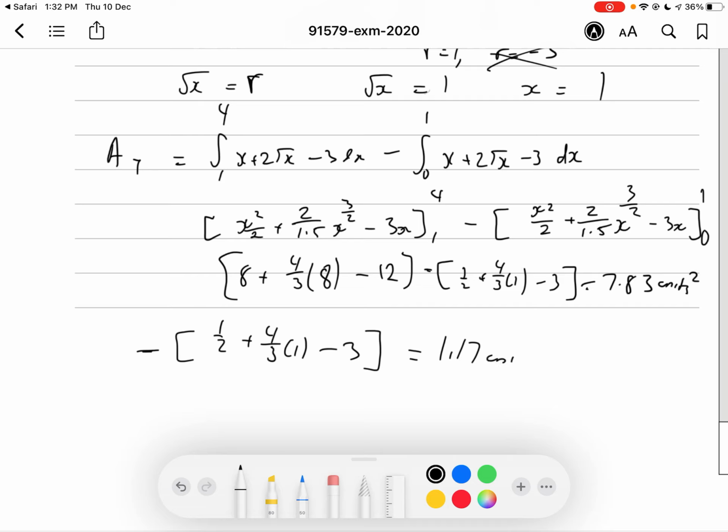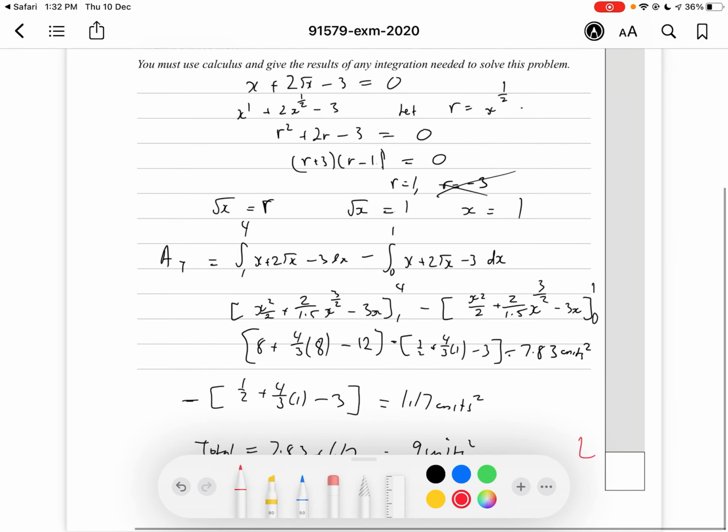That should give us an answer of 1.17 units squared. So if we add them together, we'll get the total area. So total equals 7.83 plus 1.17. And that should give us an answer of 9 units squared. That's our final answer for this question.